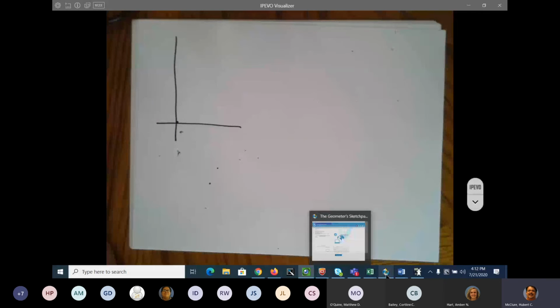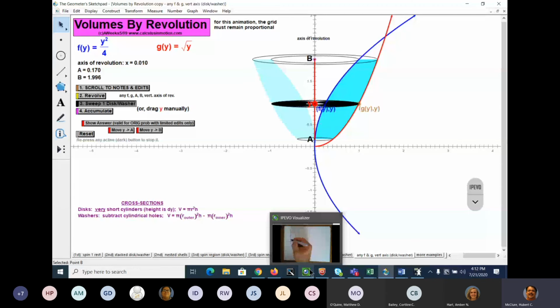You got y squared over 4, which is your blue line. Y squared over 4. And then you got your orange line, which is square root of y.